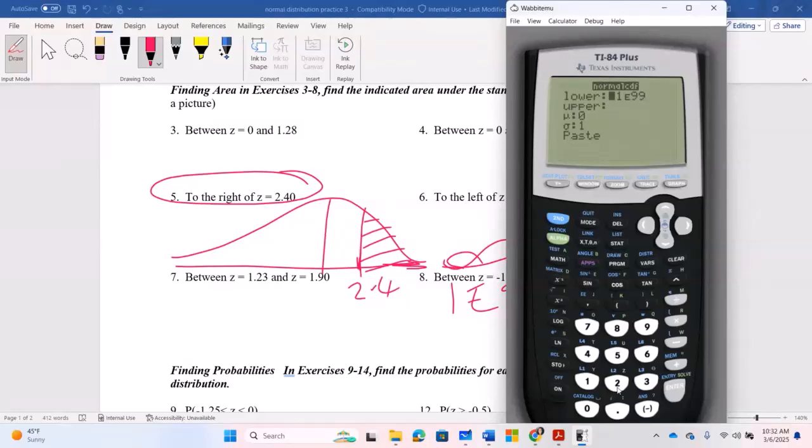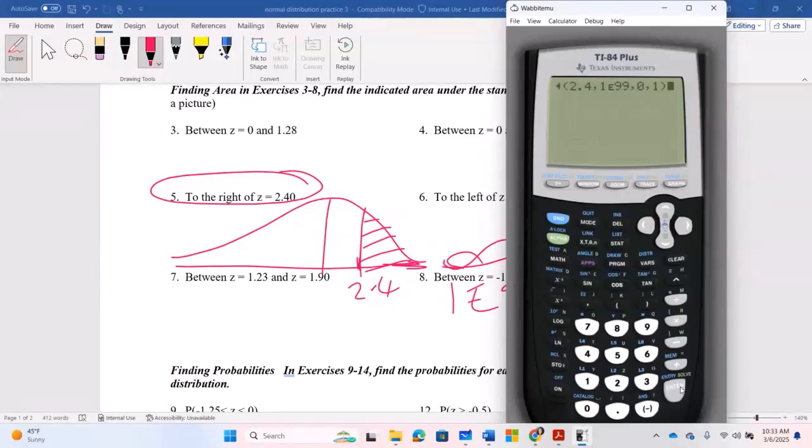The lower bound, the smaller number, is 2.4. The upper bound is positive infinity. Remember how to type it in, 1e to the power 99. This is the E under the comma, so second E, to the power 99. The mean of a standard normal is 0. The standard deviation of a standard normal is 1. So you're good right now.